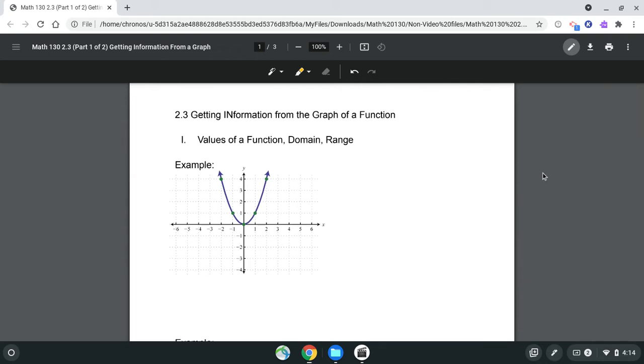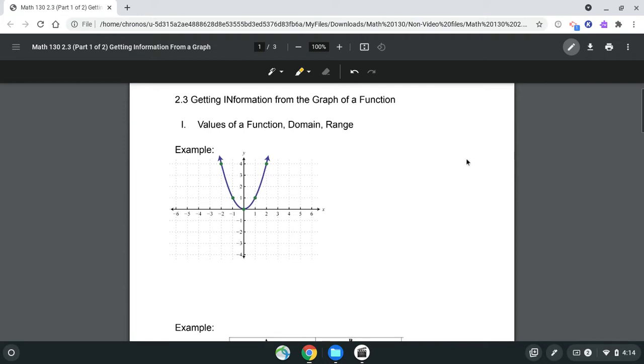So here, we are going to be looking at a graph, and you might be given a graph and you're asked to find certain values. So for example, here they might say, go ahead and find f of -2, f of 0, and f of 1.